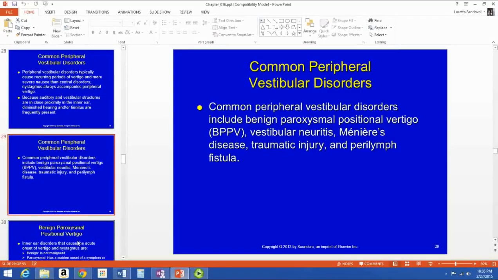That's the one where your otoliths get loose and they're messing things up in there. Vestibular neuritis, which is inflammation of the vestibular nerve, can often be caused by a virus or a bacterial infection. So vestibular neuritis is often an infection.